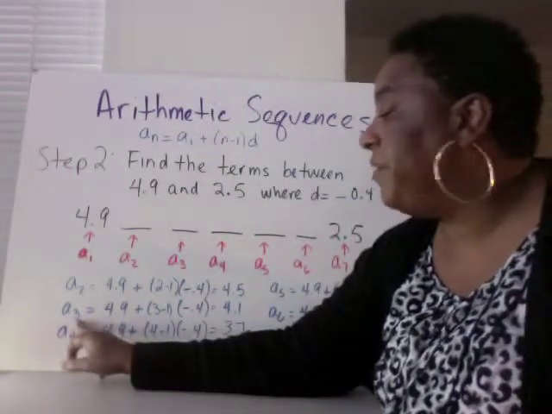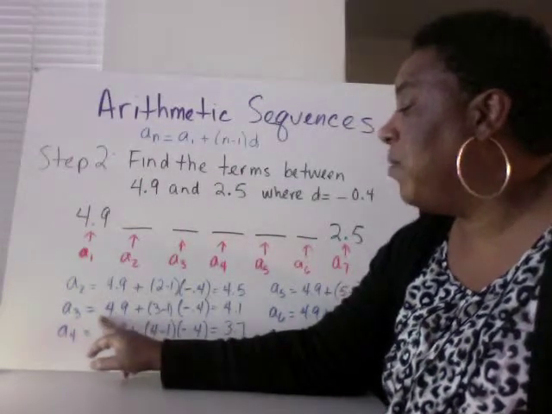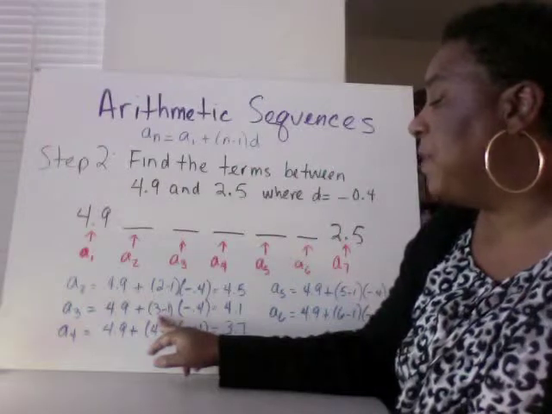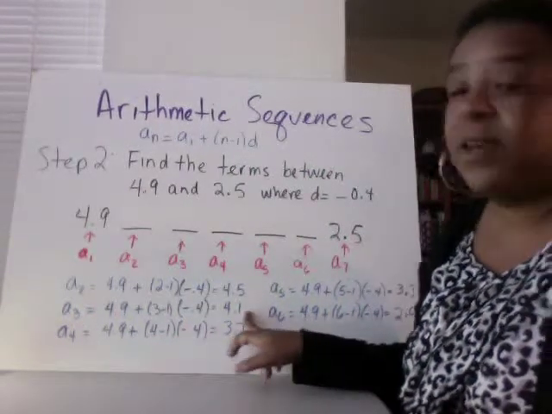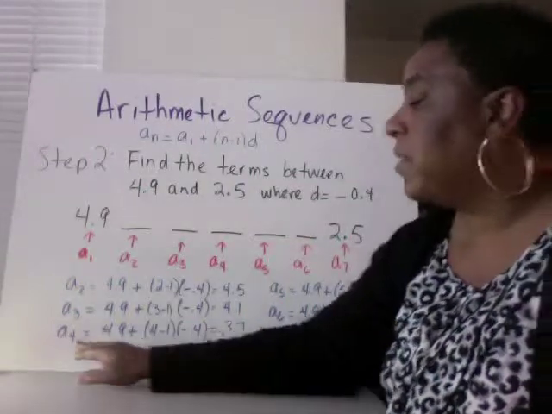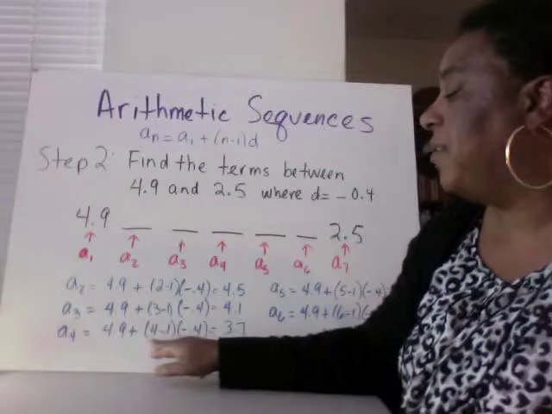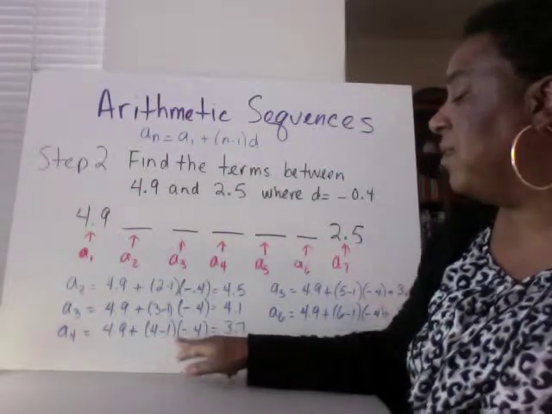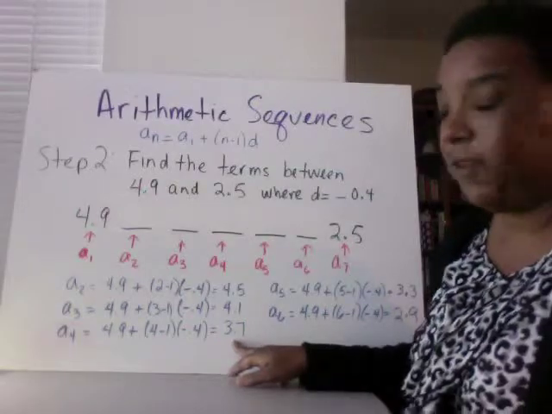To find our third term, n is 3 again, so we have 4.9 plus 3 minus 1 times minus 0.4 is equal to 4.1. Our fourth term is 4.9 plus 4 minus 1 times negative 0.4, and that equals 3.7.